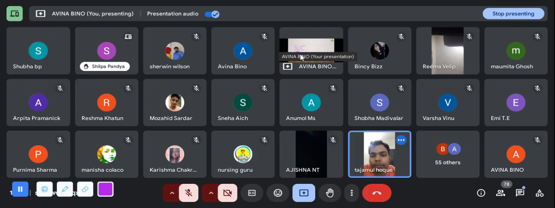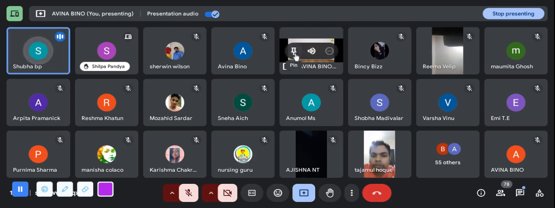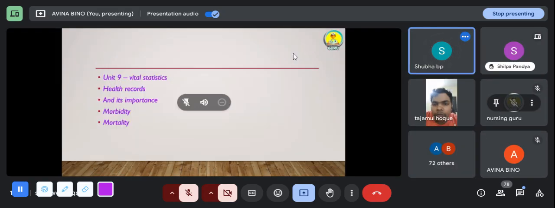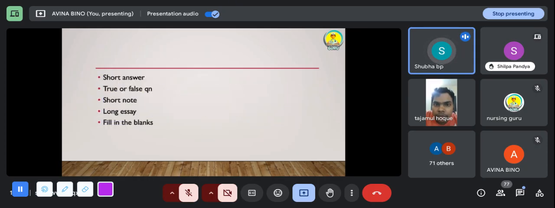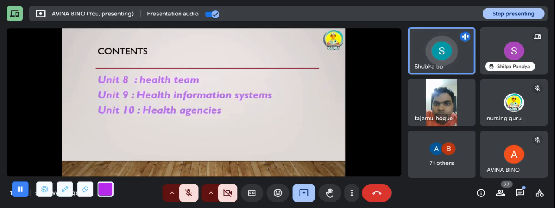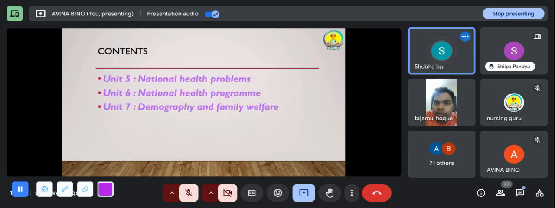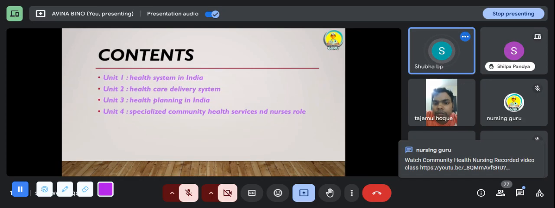Yes, ma'am. There are 10 units in community health nursing. First thing, you need to know what is community health nursing. Community health nursing means it will focus on the services which are provided by the community health nurse. So in community health nursing there are 10 units. Unit 1 is health system in India.